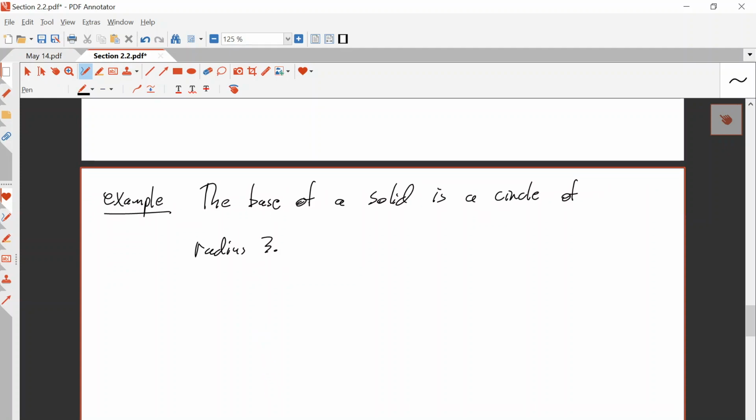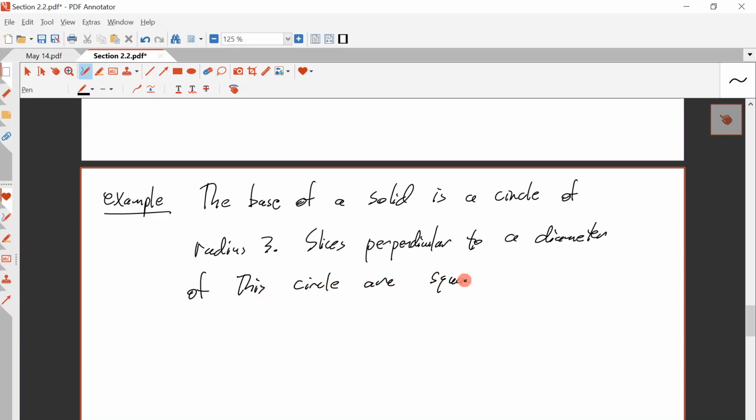Perpendicular cross sections, so slices perpendicular to a diameter of this circle, are squares. What is the volume of the solid?